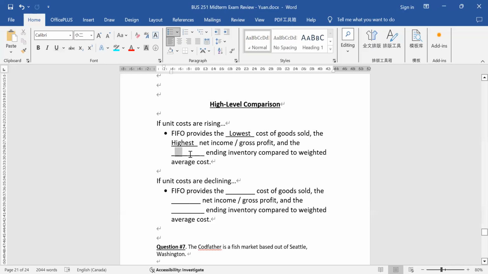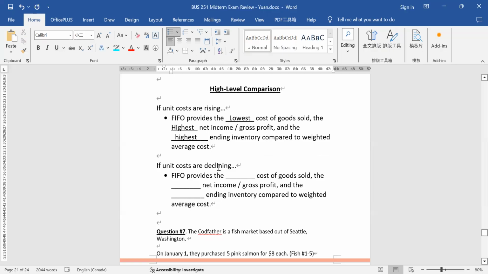So what you have left is the highest ending inventory compared to the weighted average cost, right?